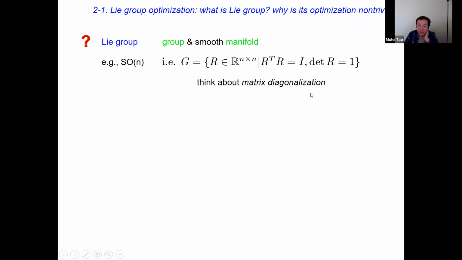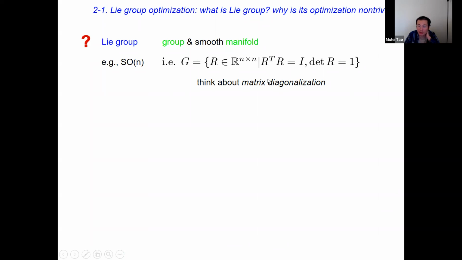Well, for instance, let's think about matrix diagonalization. You are basically looking for a member of this group such that, via a similarity transformation, it turns a given matrix into a diagonal form, and therefore places zeros off the diagonal.